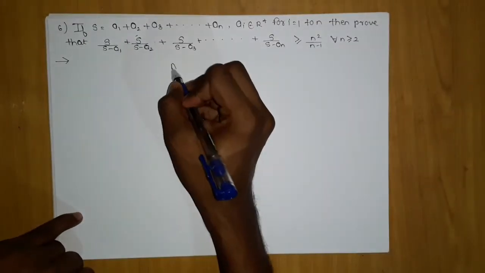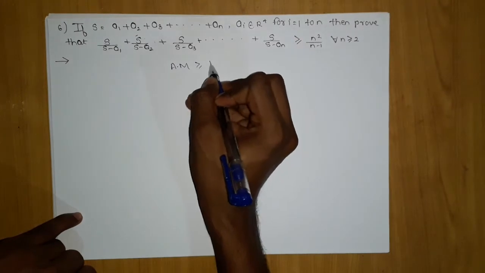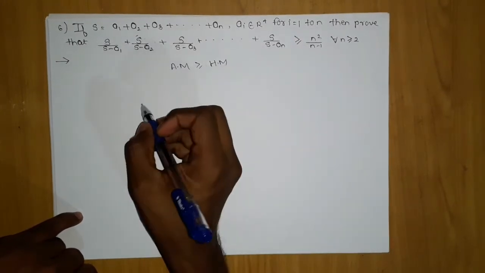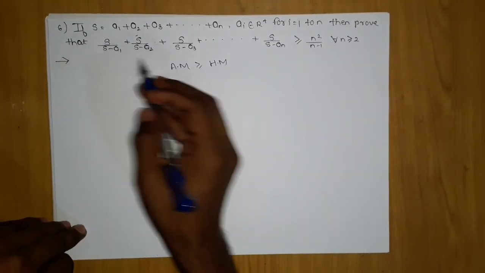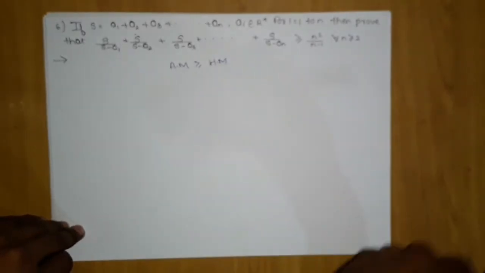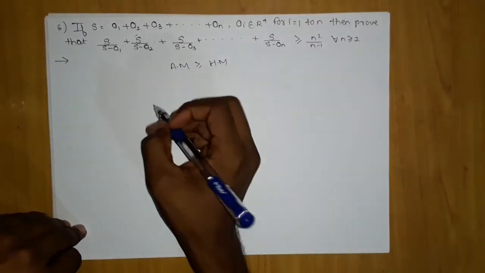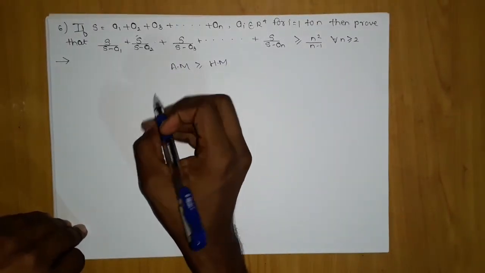So I will apply AM greater than or equal to GM, HM. Listen why, that's why I was telling that this thing comes after practice. What I noticed is that if I invert them, my job will become easy.